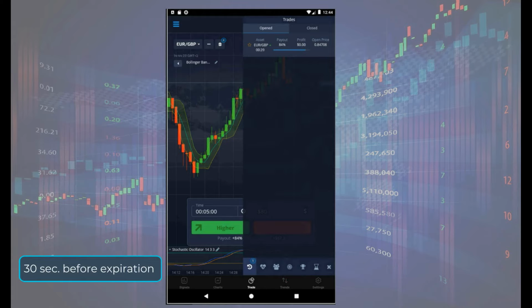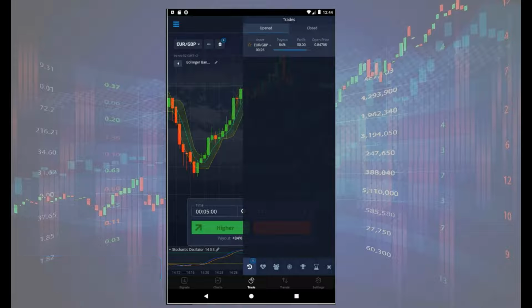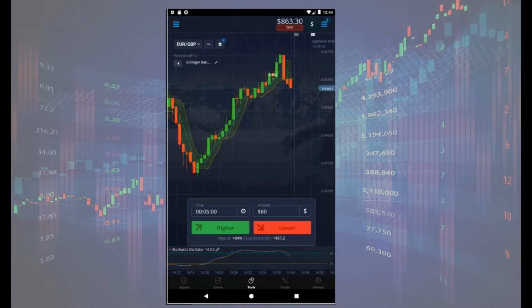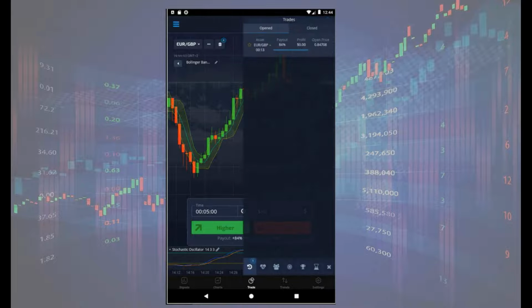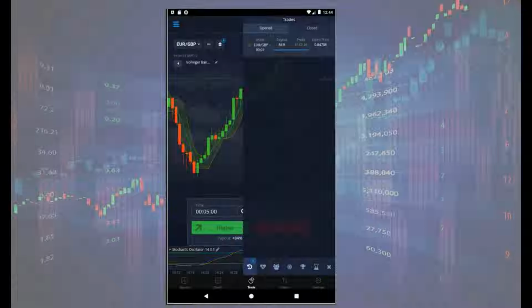Expiration soon. The price reversed against the direction of the option, far enough from the opening level. There is no strategy that gives 100% profit, there are always false signals.